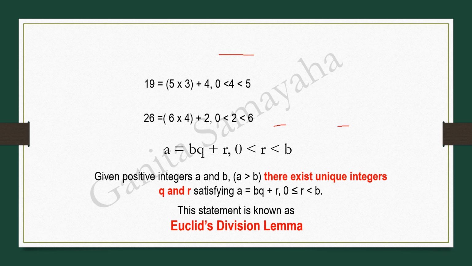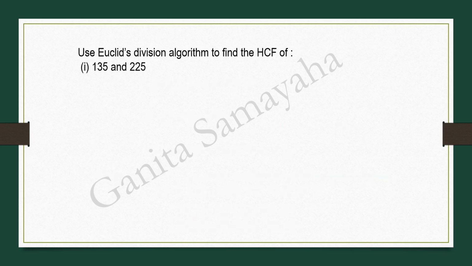Is this clear, children? Okay, let us understand this with an example. So let us use Euclid's division lemma or algorithm. Both these words are used. They mean the same, to find the HCF of 135 and 225. So which is the bigger number here, children? 225.